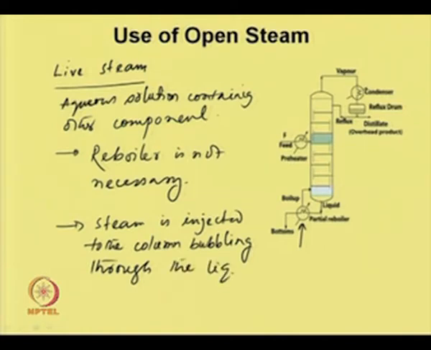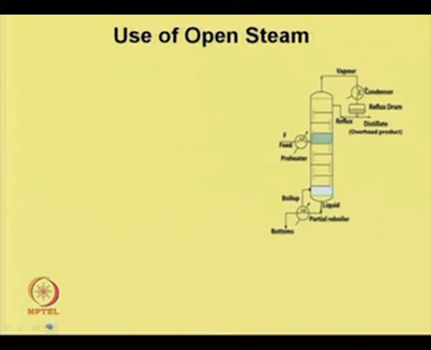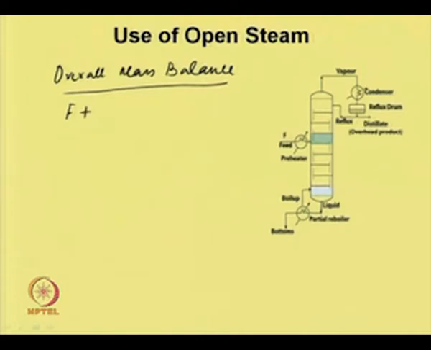Now, if we do the overall mass balance over the tower using live steam, here F is the feed plus steam, S would be equal to D plus W. So, this is the overall mass balance.